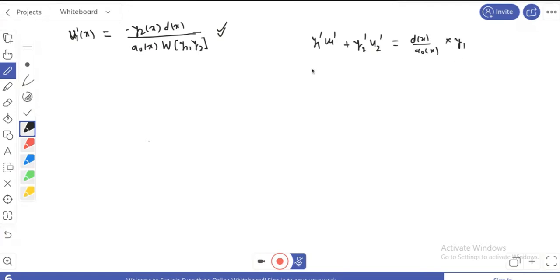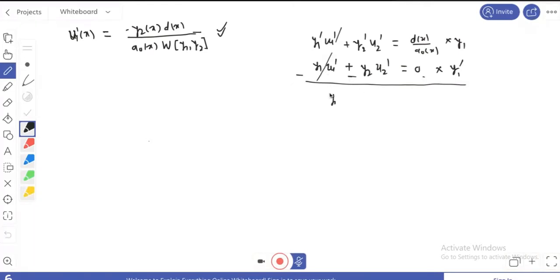Equation number 4 is y1 u1' plus y2 u2' equals 0, and we multiply it by y1'. So this term cancels out when subtracting those terms, and this term is y1 y2' u2' minus y1' y2 u2', which equals y1 g(x) over a0(x).